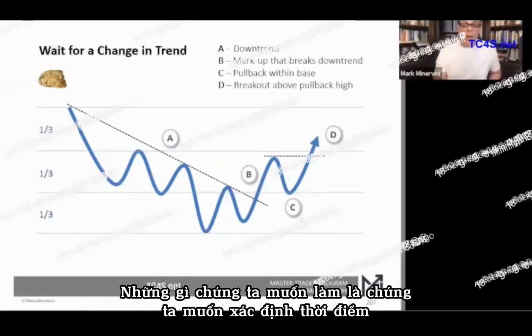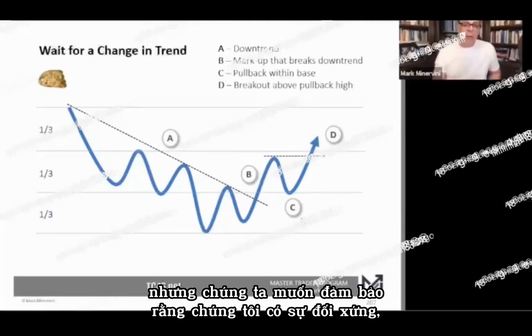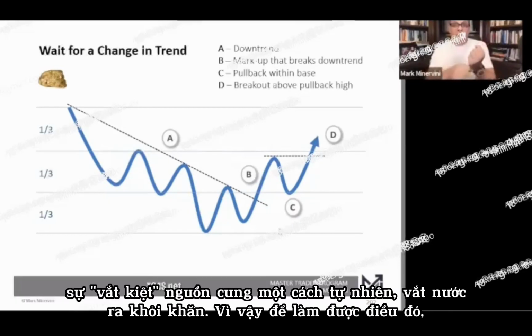What we want to do is time getting back on that uptrend, coming out of that intermediate-term downtrend, but we want to make sure that we've got the symmetry, that the stock has had enough time to go through that natural wringing of the supply, getting the water out of the towel.